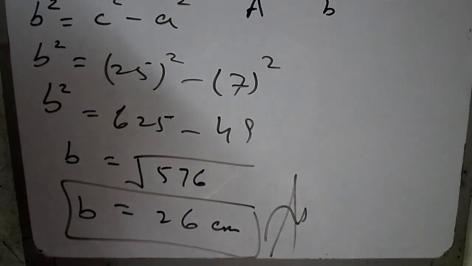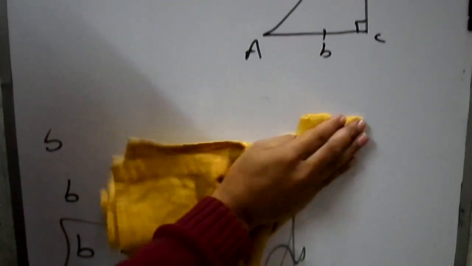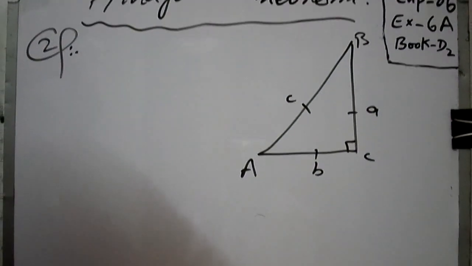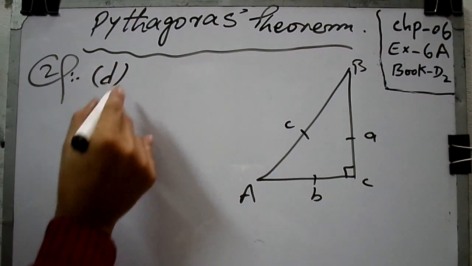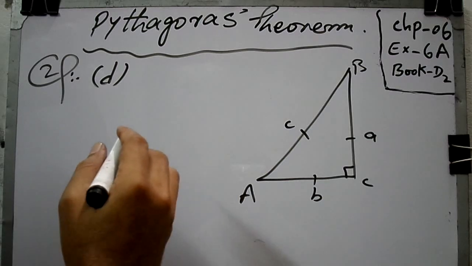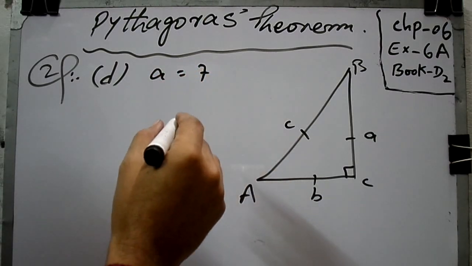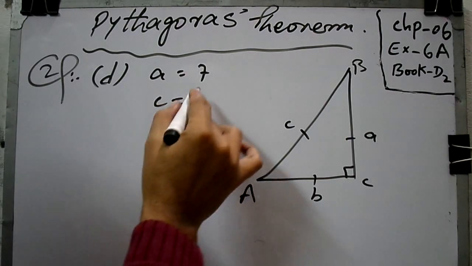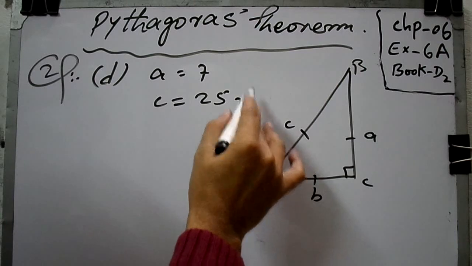Similarly, in the next D part, the given question in the textbook, the value of A is 7 and C is 25, that is in meters.